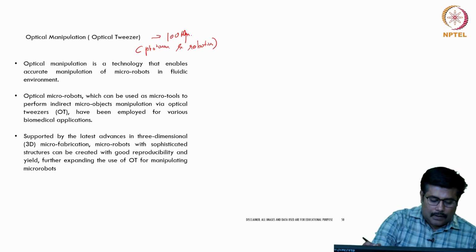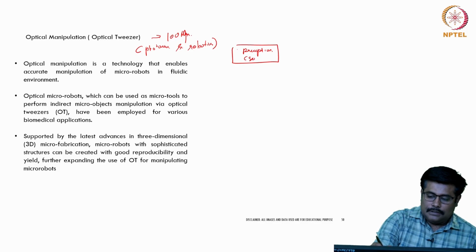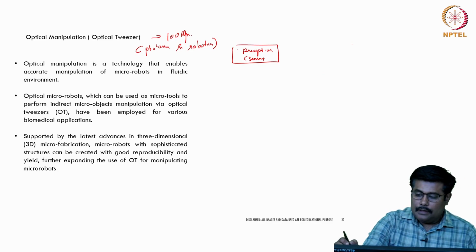Let us consider our input parameters are the perception, which is nothing but the sensing, and then the output is in the form of manipulation, which is a kind of control.